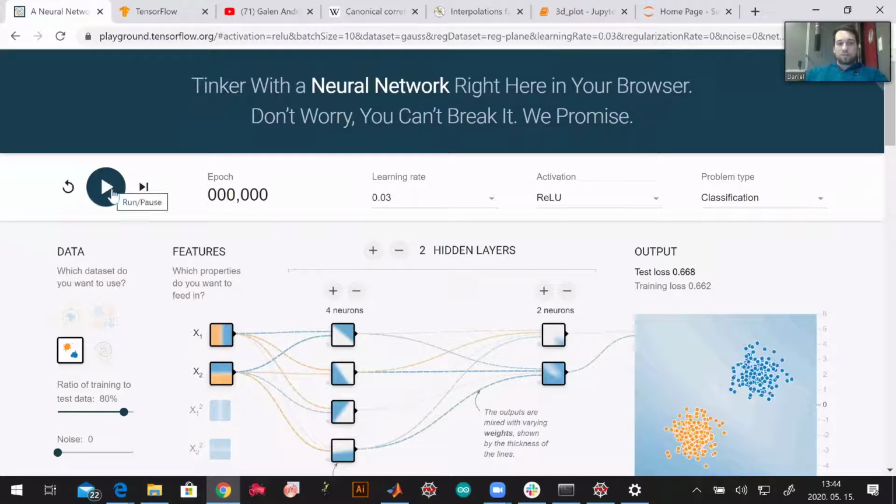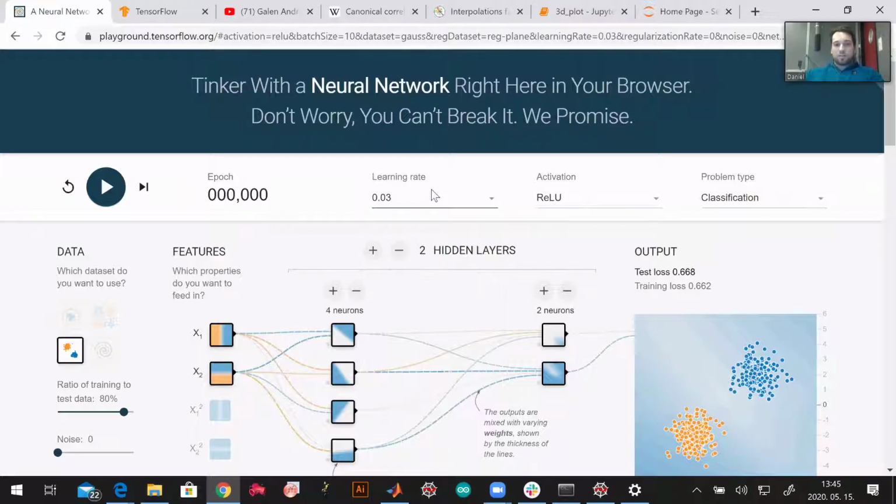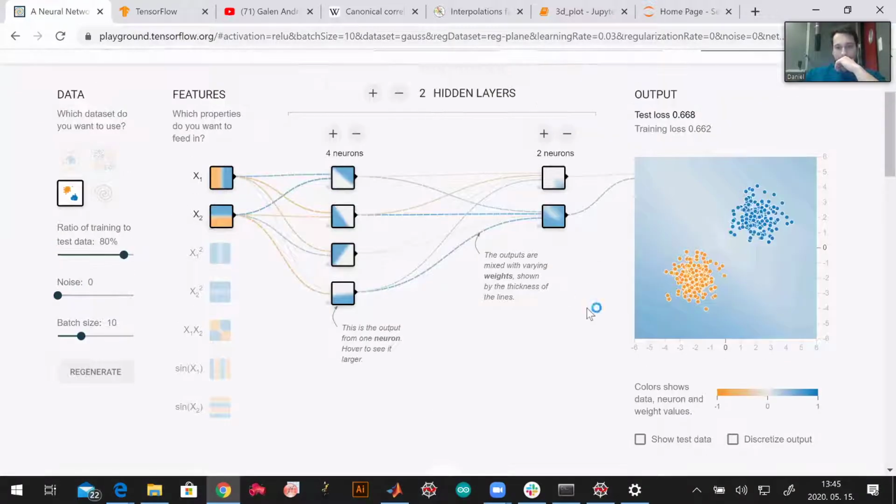Here, you can start the training. You can see the number of epochs that have passed. Also, you can set the learning rate from very low values to very high values. You can change the activation function. And in the exercises, you're going to do classification, but there is also the possibility to do regression tasks with this program.